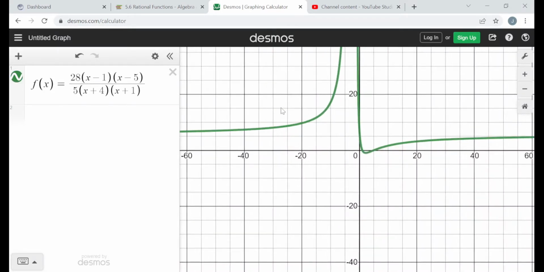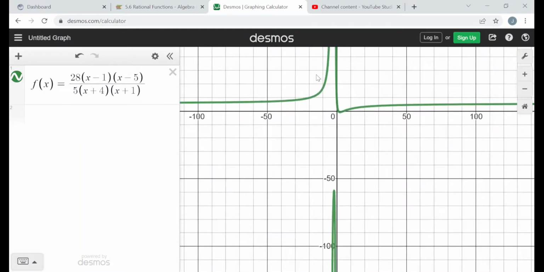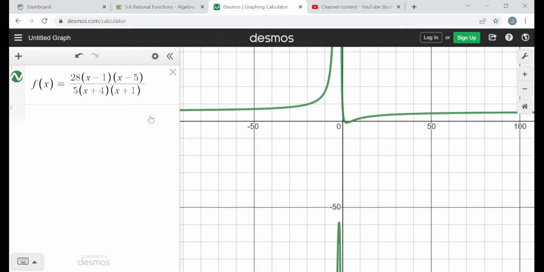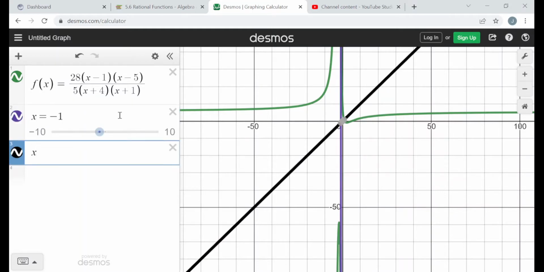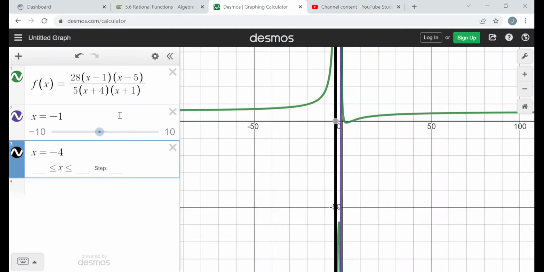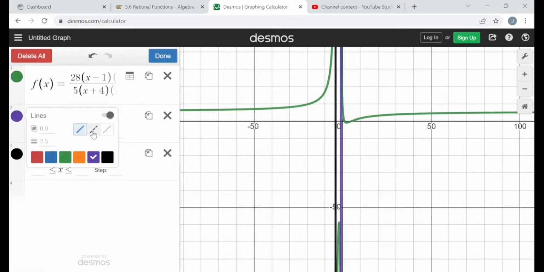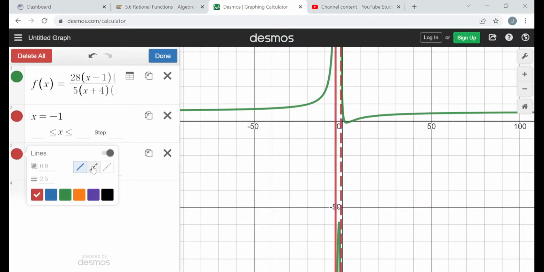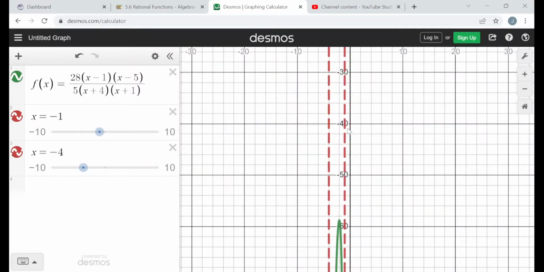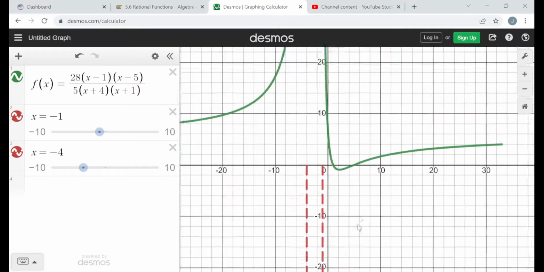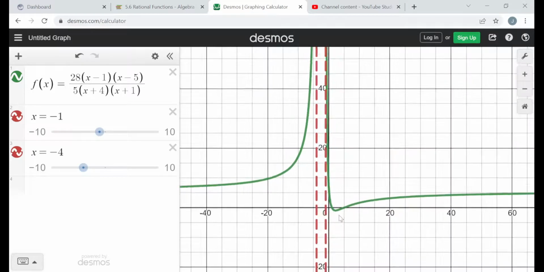I'll graph x equals -1 and x equals -4, and you can see the asymptotes. I'll make them dashed, in red. But you see how the graph isn't touching those dashed lines, but it is approaching them. They are clearly vertical asymptotes.